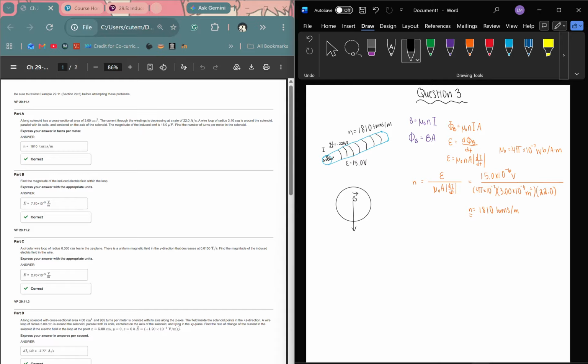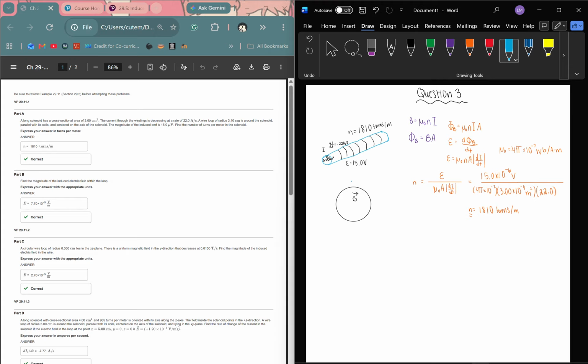I don't remember how to draw it, but it's the magnetic field of the induced electric field within the loop.